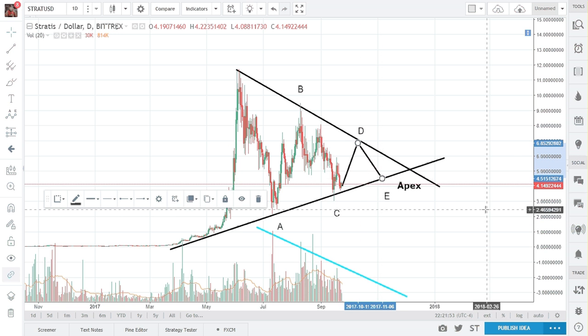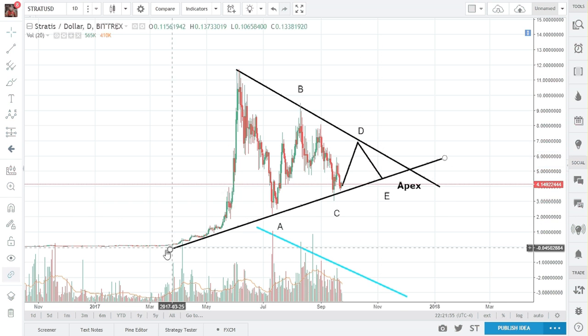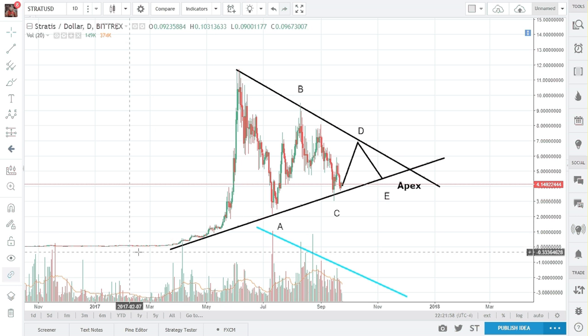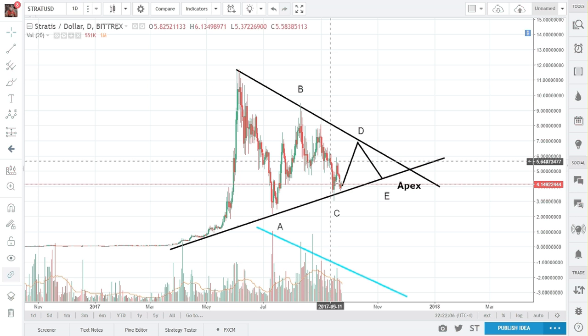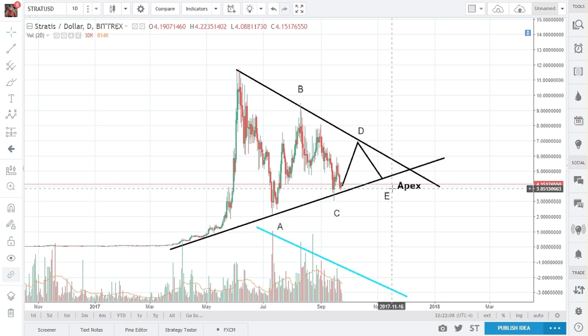And in this case, price rises in a motive and is doing an A, B, C, D, E triangle pattern as a form of consolidation.